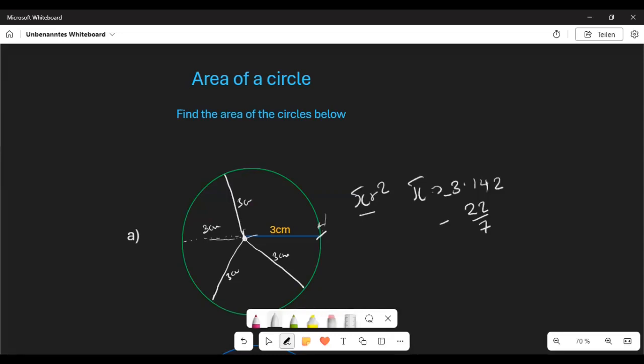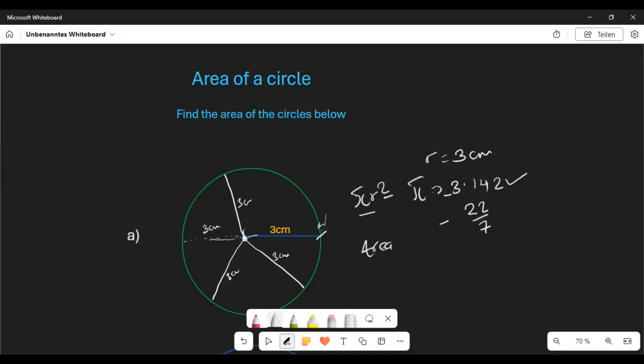Our question says r here is always the radius, and when they give you the power here, that means you're supposed to square it. So we have 3 centimeters. In this case we're going to choose 3.142. So our area, we are given pi, and we are also given the radius, which is 3 centimeters.